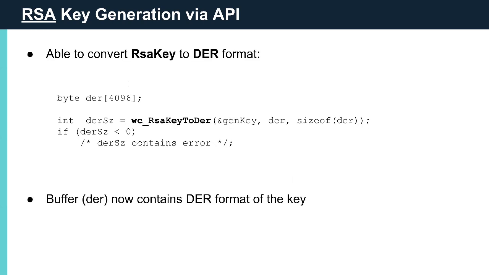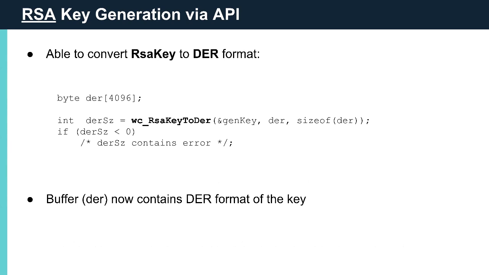If you do need to export that, say you want to convert the RSA key structure to a DER format, you can use wc_RsaKeyToDer. That'll take in your structure pointer and give you output into a provided array that you give as the second argument, with the size of that array given as the third argument.